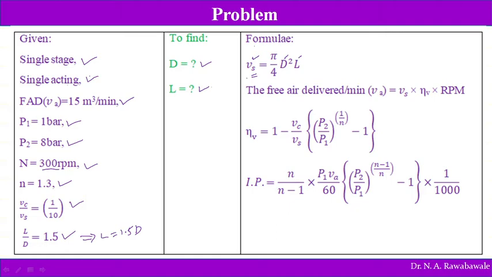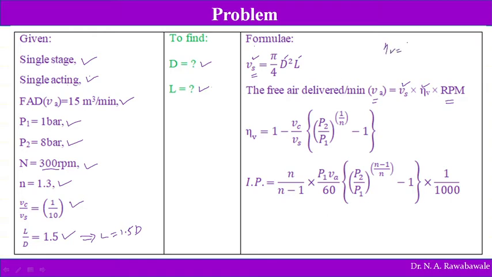So here this shaft volume we have to find out. Free air delivered per minute, VA, is equal to shaft volume into volumetric efficiency into RPM, revolutions per minute. So how do we get this?